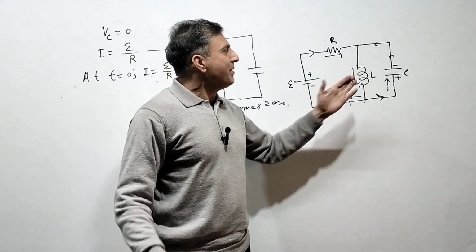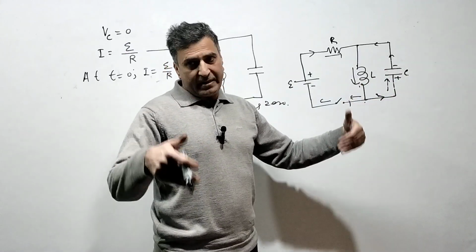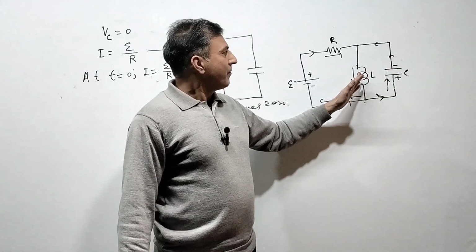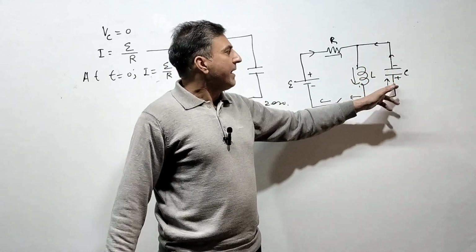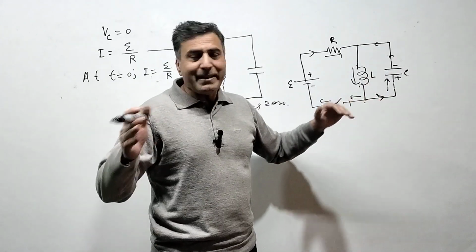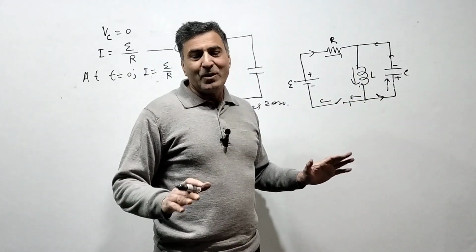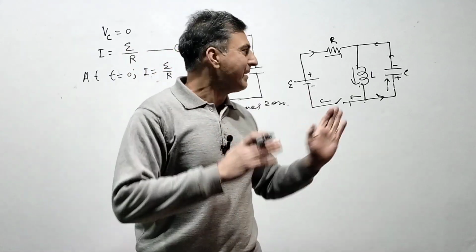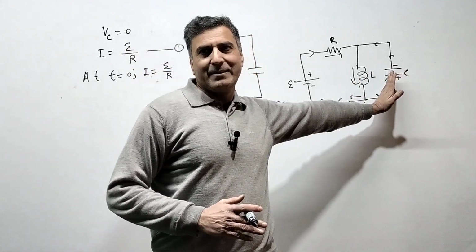But at the same time, the energy in the capacitor will increase because it gets charged. When the capacitor is fully charged, the energy in the capacitor will be maximum, but by that time the energy in the inductor will be 0. So energy will be conserved. Energy is being shifted from the magnetic energy to the electrostatic energy.